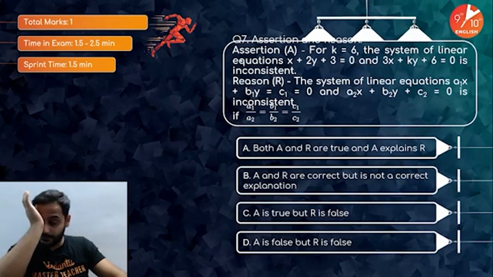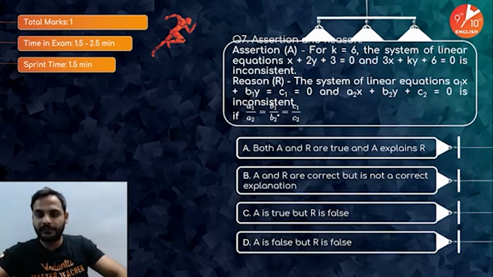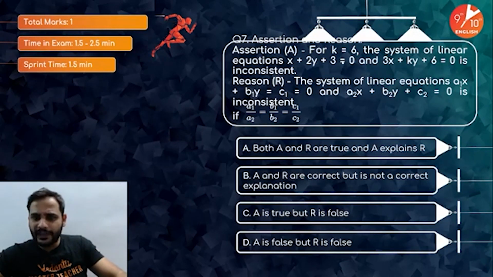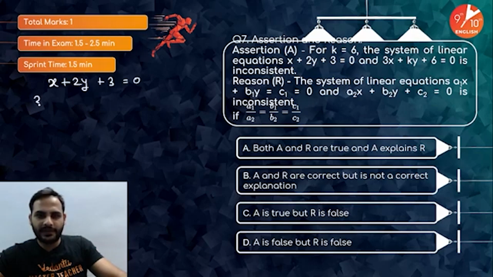Next question. Now, next is assertion and reason time. First one, what it says: for k equal to 6, the system of linear equations x plus 2y equal to 3 and 3x plus 6y equal to 6 is inconsistent. So look, x plus 2y plus 3 equal to 0, and here we have 3x plus ky. For k equal to 6, okay, plus 6y plus 6 equal to 0.